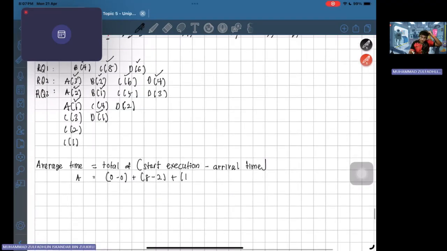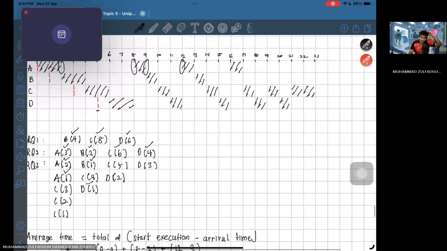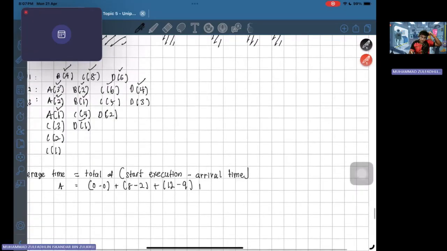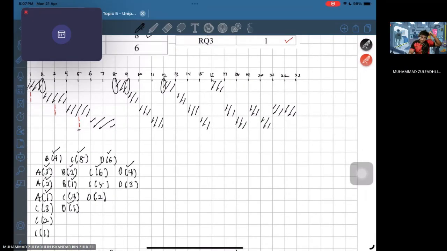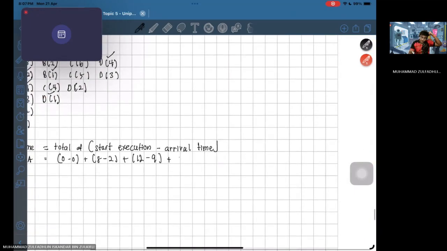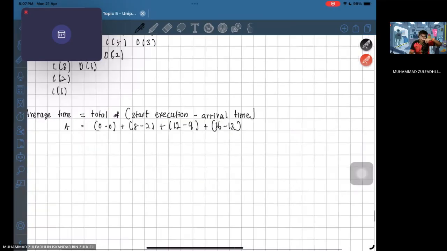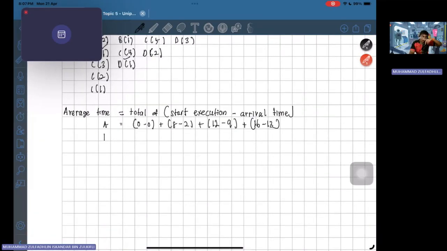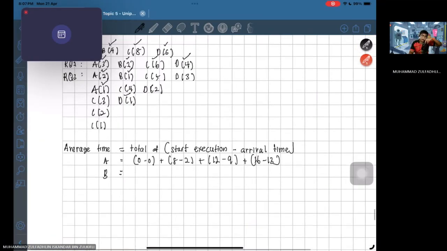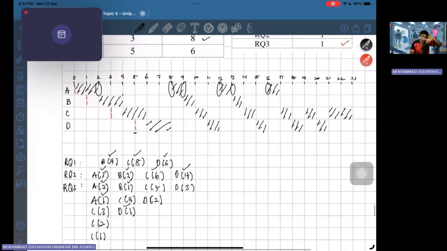So plus 12 minus 9, plus 16 minus 13. This is for A.